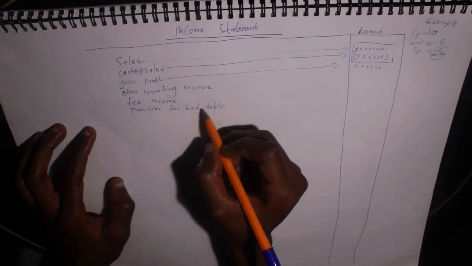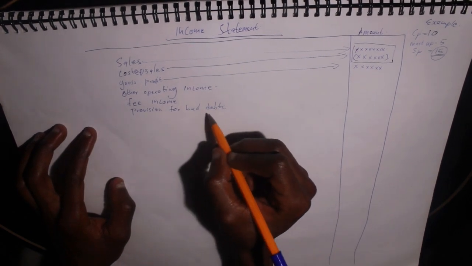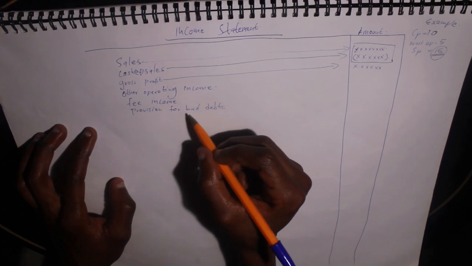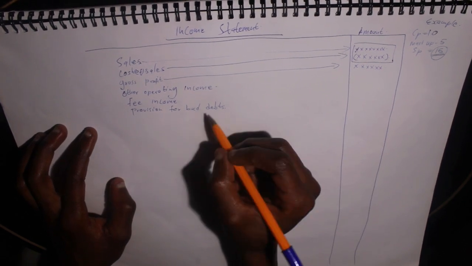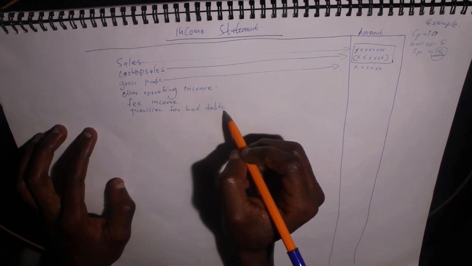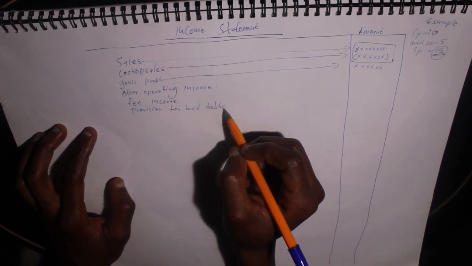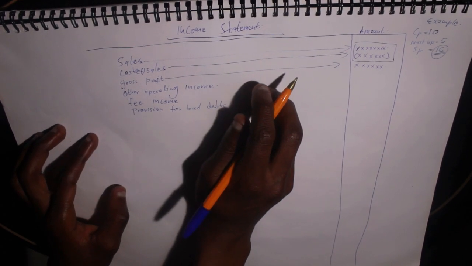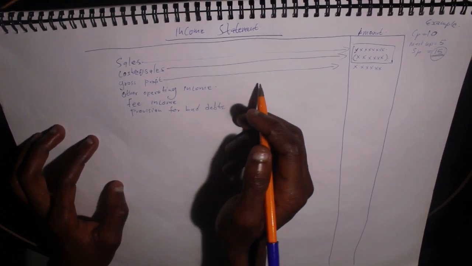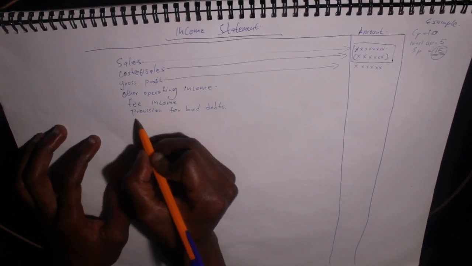At this point, you should know how the provision for bad debts becomes an income or how it becomes an expense. That will be a topic for another day, but it's possible that a provision for bad debts adjustment could be our income. Another example of an income would be your rent income.